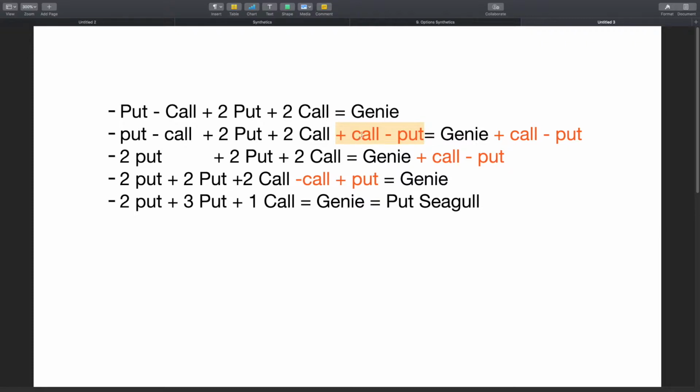Observe how a long call cancels the existing short call, and the short put adds to the existing short put. So now we have 2 short puts, 2 long puts, and 2 long calls. It is still the Genie trade plus the synthetic combo.